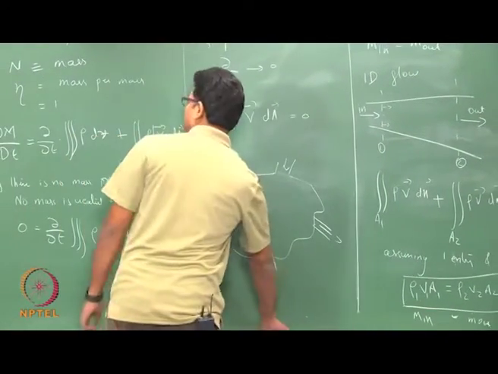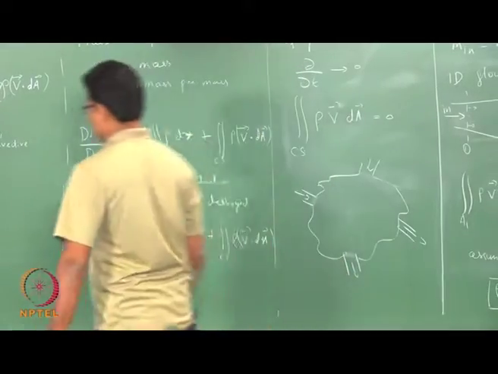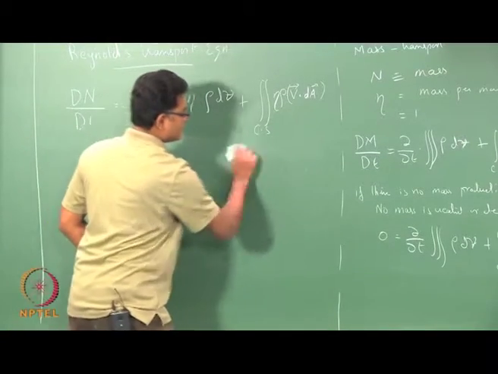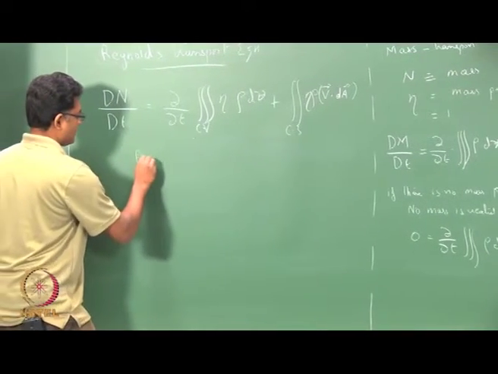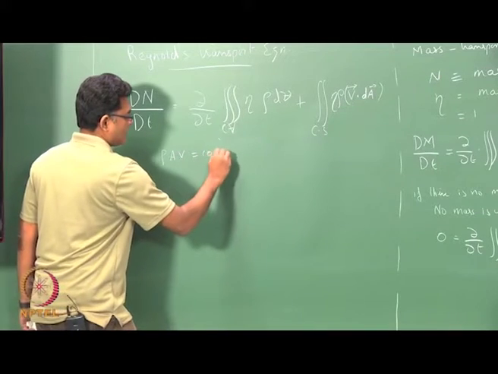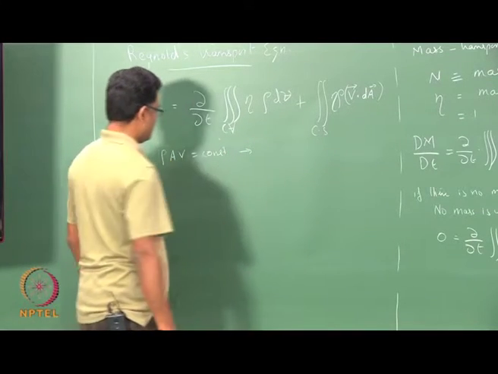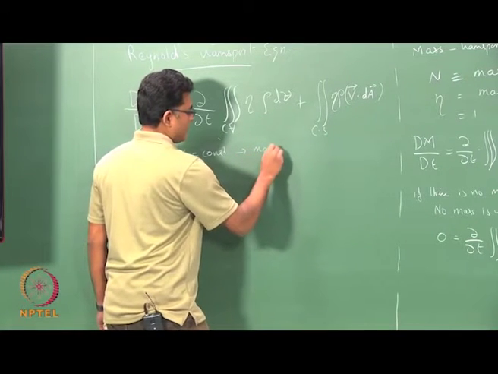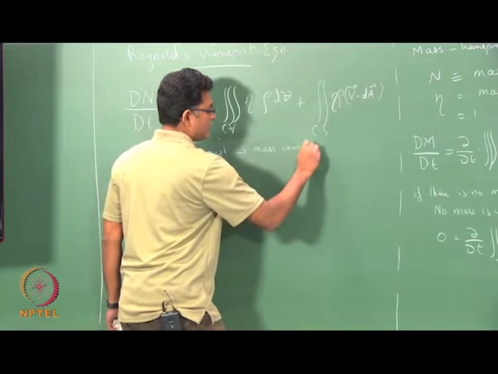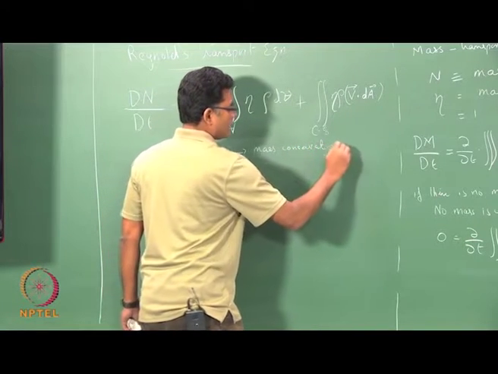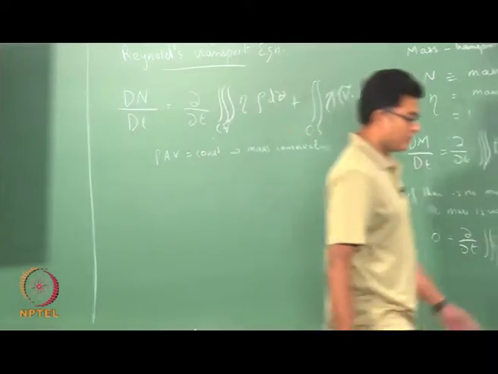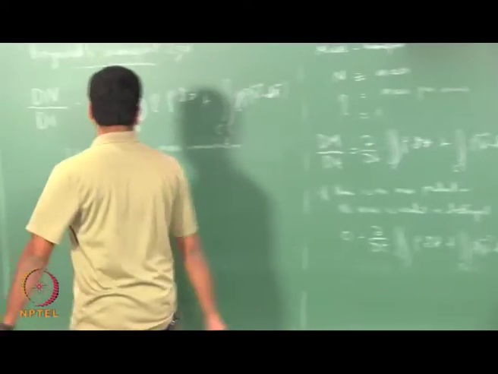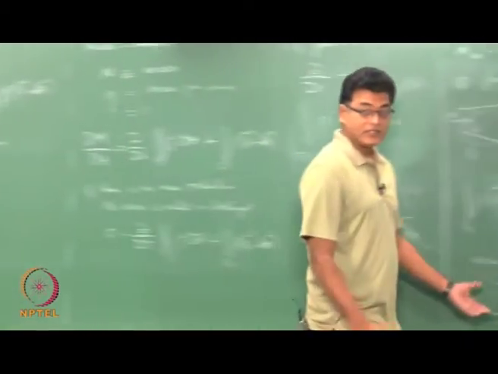Okay. So, rho A V, where V is the velocity, rho A V is constant.